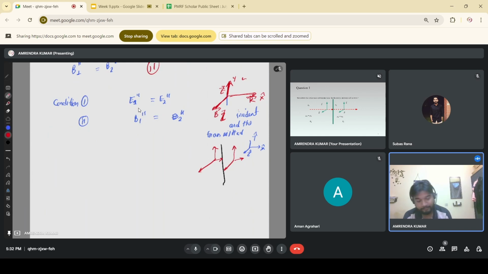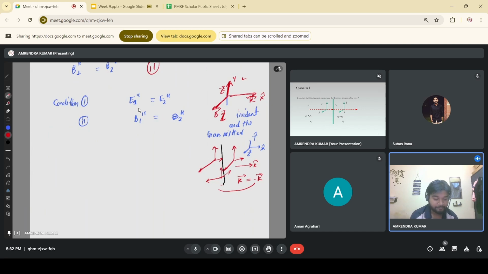Now if the wave is reflected back, your k goes to minus k because it is being reflected. So what happens to your E? E remains the same, but B changes its sign from positive to negative.